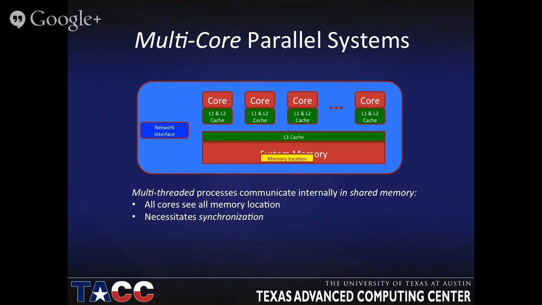Then any one of those cores can write into that location in memory, and any other core can then read that location in memory, right? And this is much faster. It's faster because it's communicating strictly within the node. Doesn't involve anything that you normally think of as a network. Internally, it is kind of a network, but everything happens by one guy storing something into a memory location and another guy reading it back.